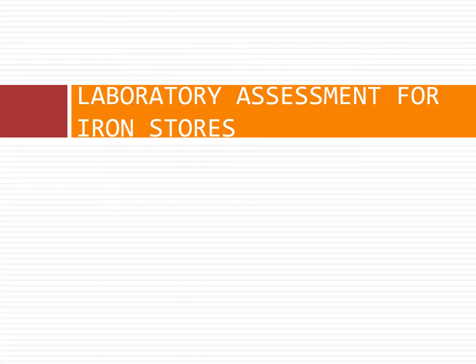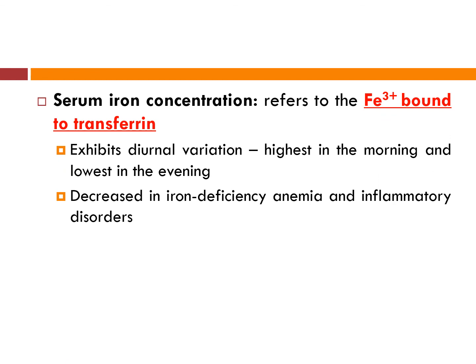So for the laboratory assessment to measure our iron levels, number one, serum iron concentration. It refers to the ferric iron bound to our transferrin. It exhibits diurnal variation because usually it is highest in the morning and lowest in the evening.